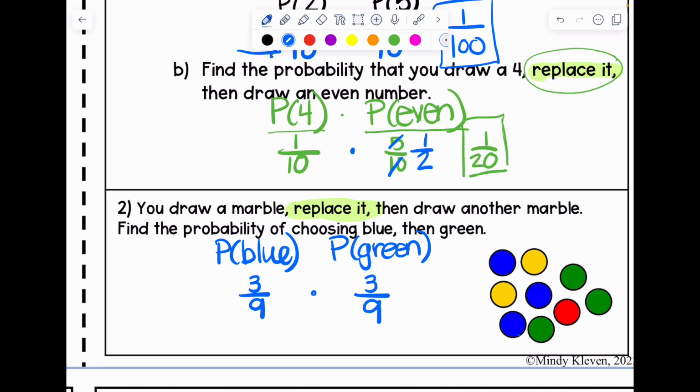When I look at 3/9, I realize that 3 is a common factor of both, so 3/9 will simplify to 1/3. This 3/9 also simplifies to 1/3. And so now when I multiply across, 1 times 1 is 1, 3 times 3 is 9. So I have a 1 in 9 chance of drawing a blue, replacing it, and then drawing a green marble.